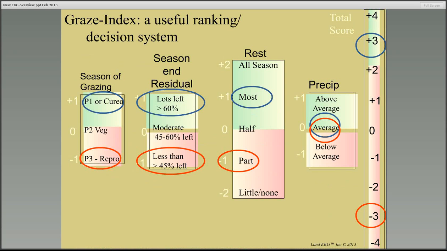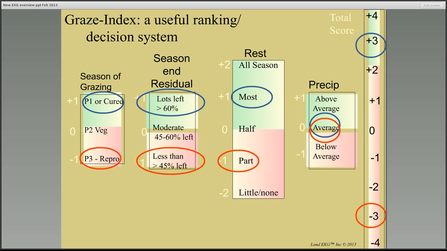I talked to you a little bit about the grazing index, and we've made some changes to this grazing index that came out in the 1990s. The approach we're using considers 4 primary factors, 3 of them core, and one that is not considered in most of the indexes.